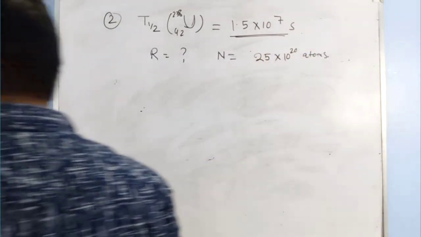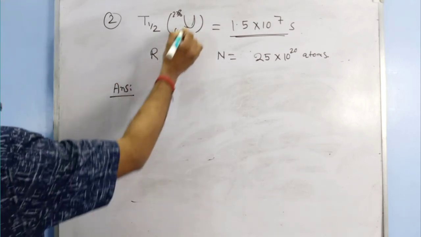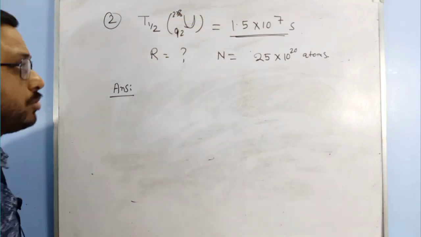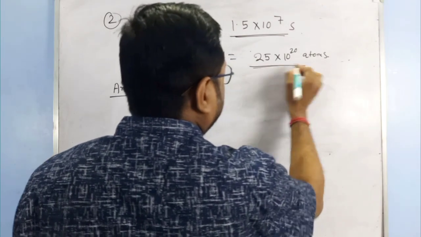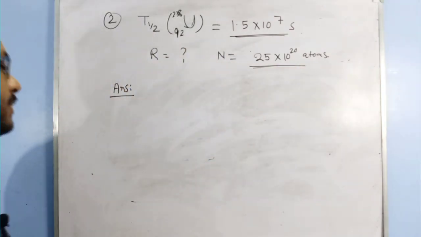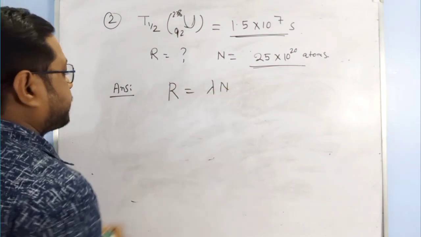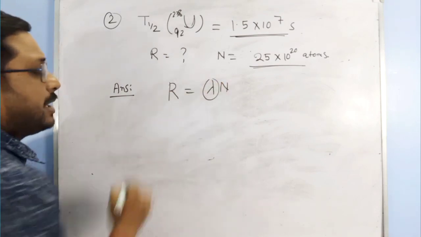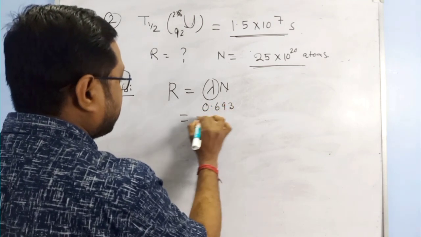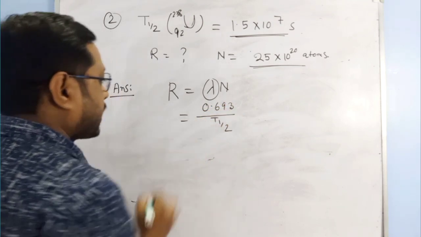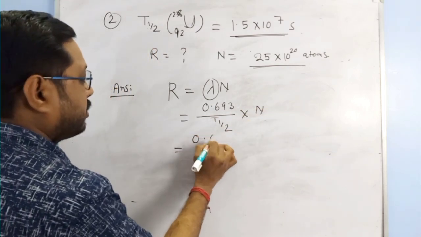So here we have to find out the activity of the uranium isotope, 92-238 isotope. So we have the value of total number of atoms in that sample and the half life. As per the relation R equal to lambda N, we do not know the value of lambda. So we put the value 0.693 upon T half, and N, then we know the value of T half.